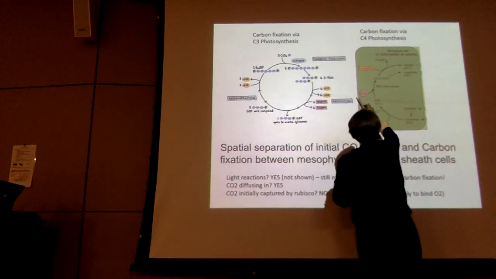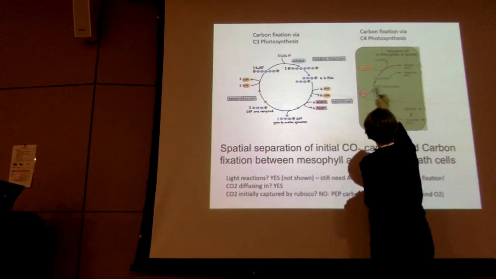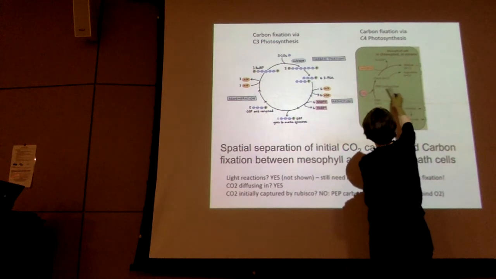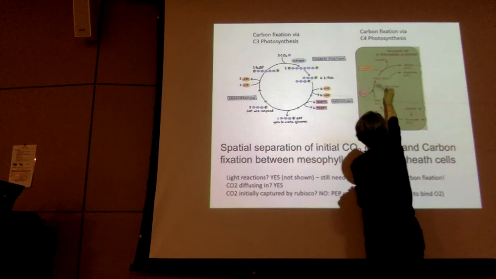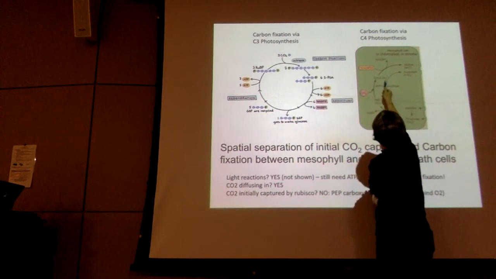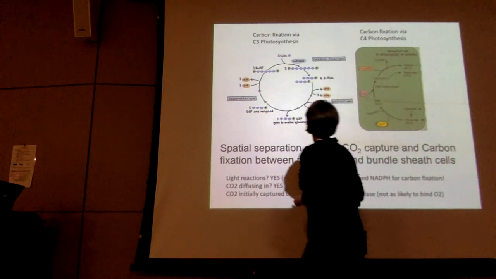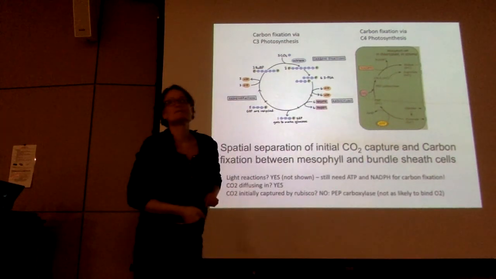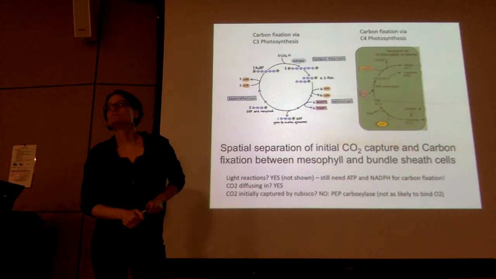In C4, CO2 comes in, and carboxylase fixes it. It takes PEP, adds the CO2 to PEP, and you get oxaloacetate right there. So this is only a 4-carbon molecule. Glucose is a 6-carbon molecule.